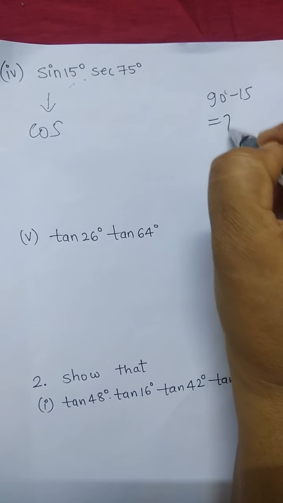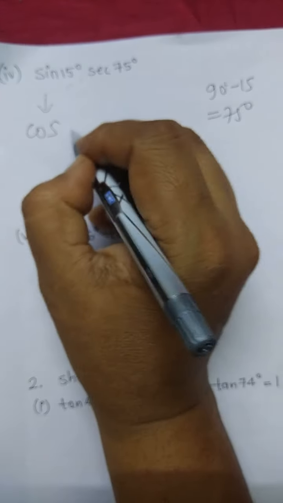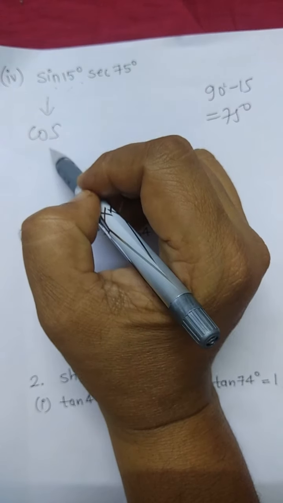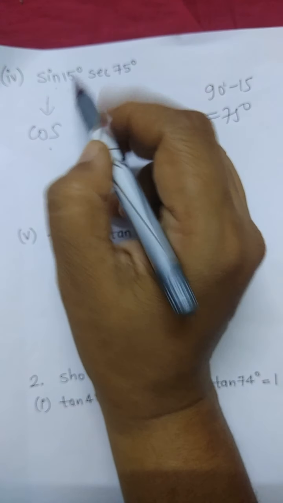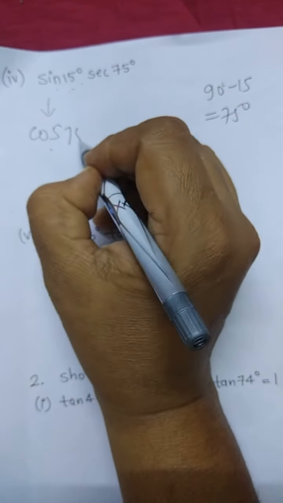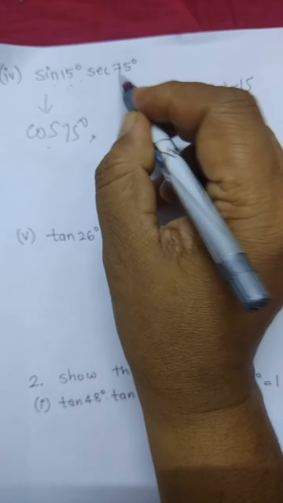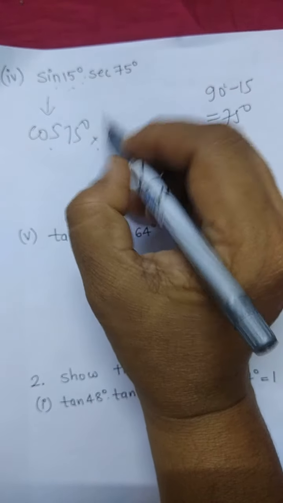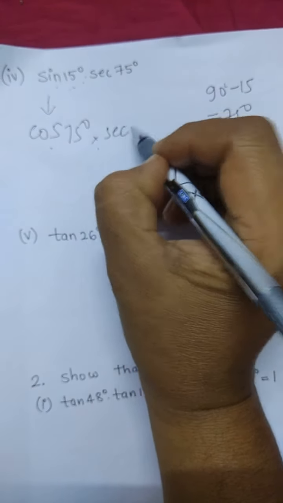What will you get? 75 degree. So when you are writing sine as complementary ratio, then the angle also will be complementary angle. Remember. And no sign here means into. Sec 75 degree. Okay. What is the reciprocal, the multiplicative inverse, of cos 75?